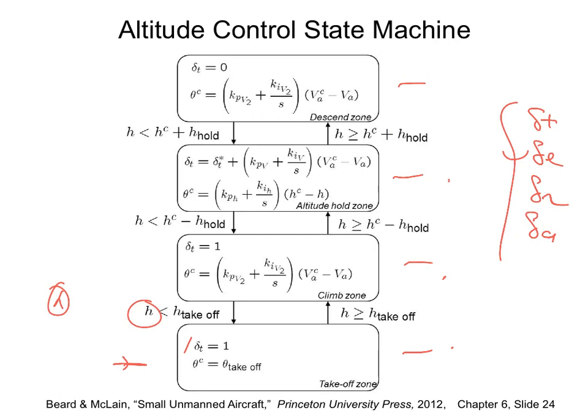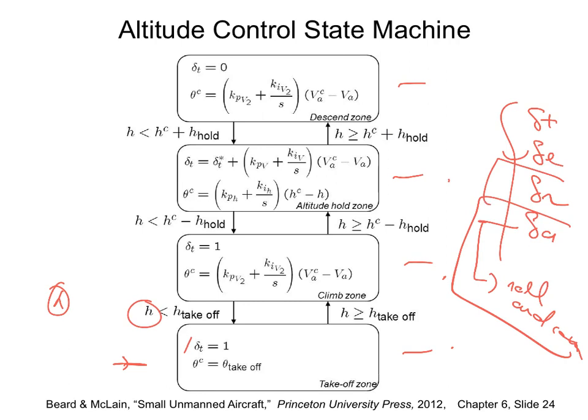Delta a comes from your roll and course loop, so that's different, and delta r is for the side slip angle beta. So the longitudinal autopilot basically computes delta t and delta e, throttle and elevator, and delta r and delta a come from your lateral autopilot, which controls the course angle, roll angle and side slip angle.